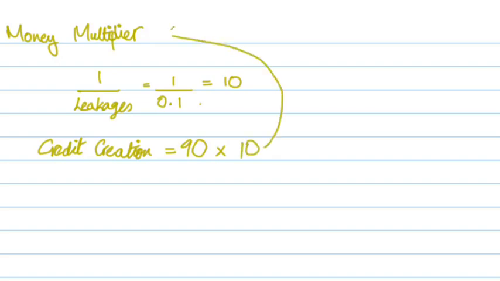So the new spending created is 900. This is the new spending created. So this is what the reserve ratio is, and this is how the money multiplier is calculated.